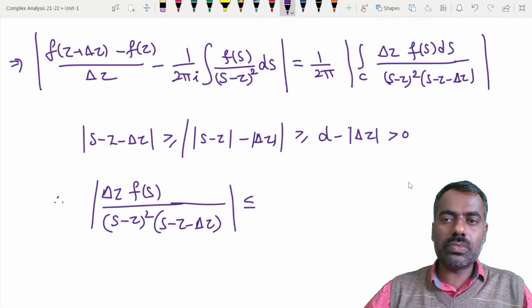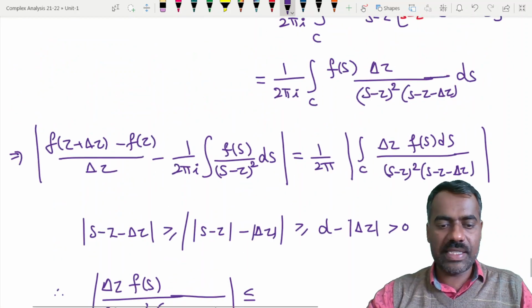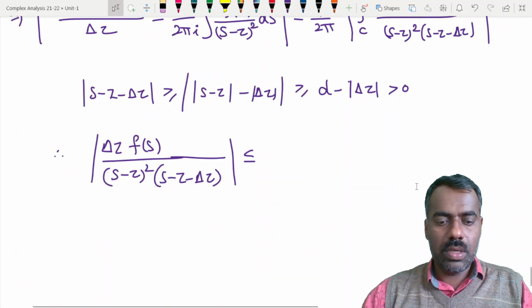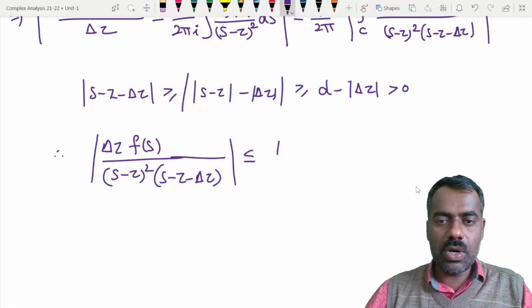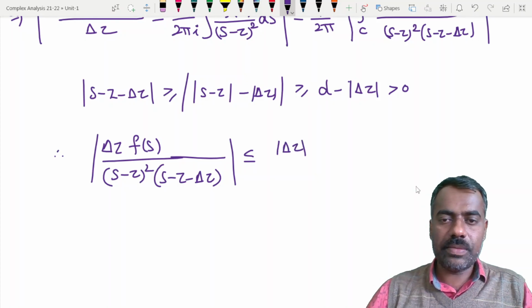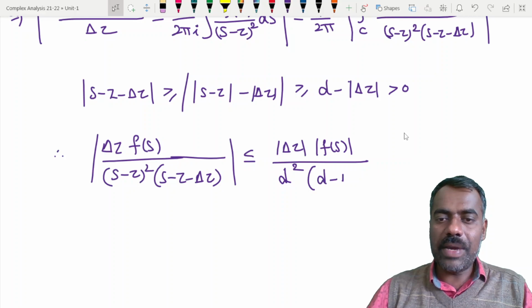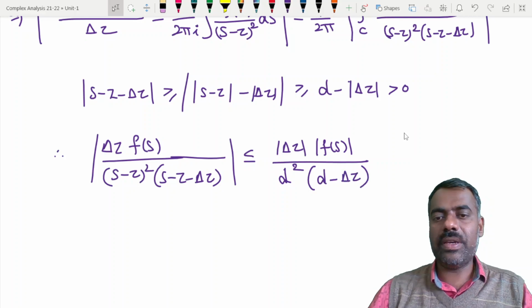and what we know about f of s? So this we can write as modulus of delta z into mod f of s by mod s minus z. Mod s minus z is greater than or equal to d, so therefore this is less than or equal to d square into d minus delta z.